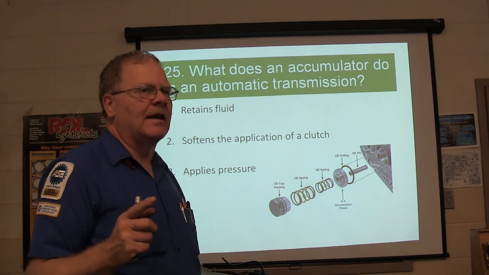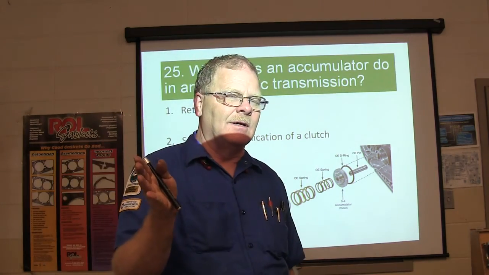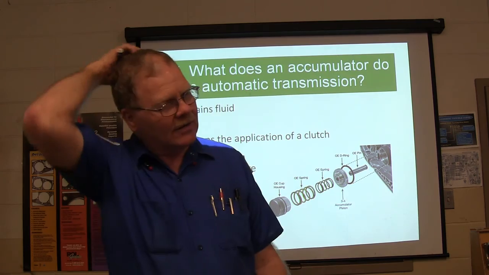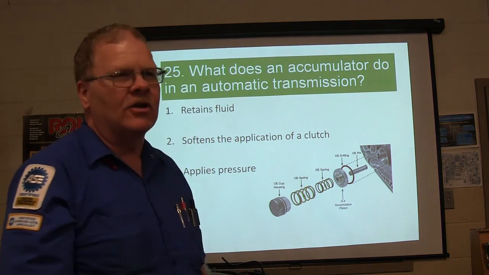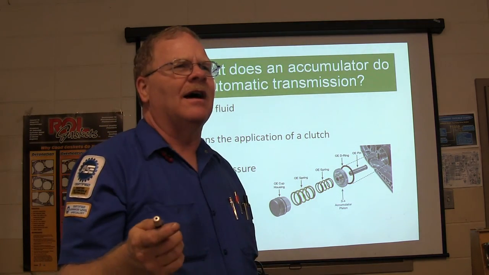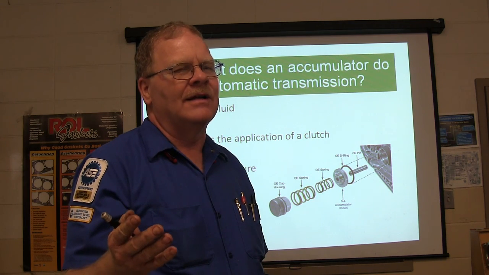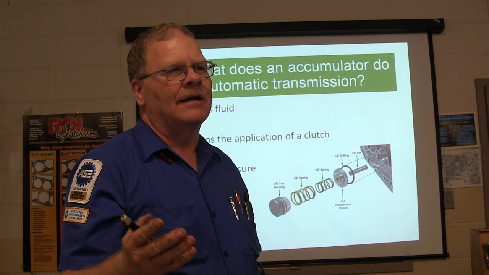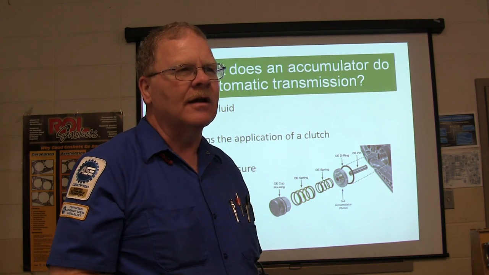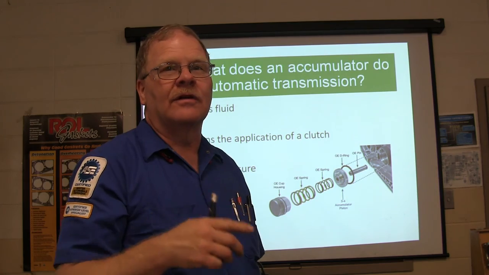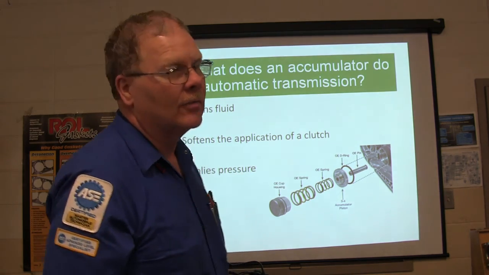That's what it does in an automatic transmission. Now, in a brake system, the accumulator actually holds pressure so that it can give you an additional brake, and there's other things accumulators do. What does it do in an air conditioner? You got an accumulator in there too, but it does a different thing. It doesn't soften the application of a clutch. Accumulates moisture. It does that, but it also adds oil to the refrigerant so the compressor can be lubricated.